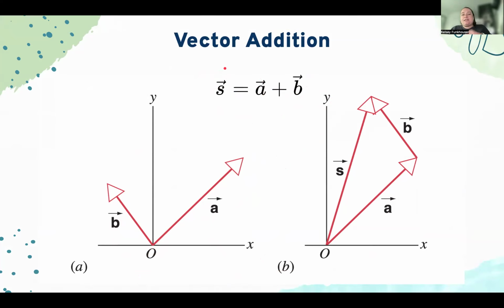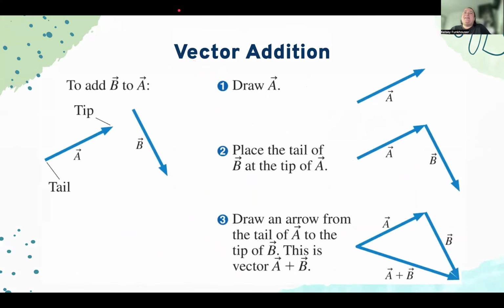And I'm just going to skip us to the next slide because I feel like it shows it easier. This uses A and B. Vectors are described as the tail being this end and the tip being the arrow end, so they start at the tail and end at the tip.